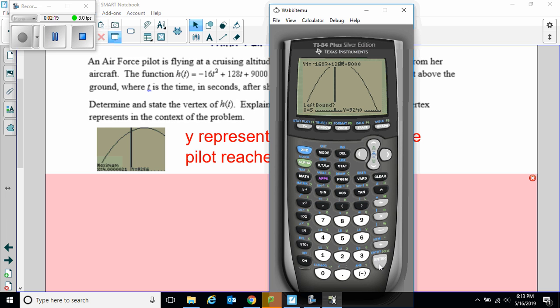What we know is that it is going to be between 0 seconds and let's just use 6 seconds. Okay, between 0 and 6 seconds, and let the computer guess. So we find that in 4 seconds, our maximum altitude is going to be 9,256.